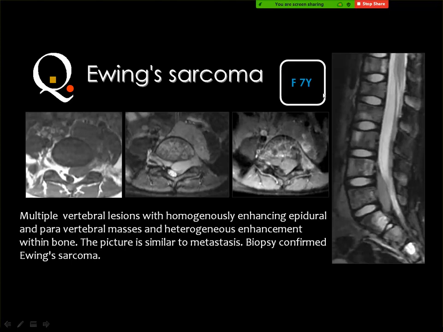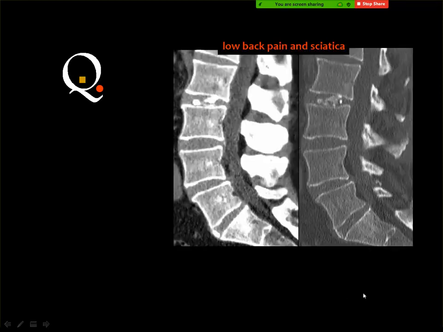Then, if you look at the age of the patient, 7 years, the possibility of metastasis is not that likely, but you know that Ewing sarcoma is one of the possibilities when you can see affection of the vertebra with extraosseous soft tissue component in the pediatric age group. Next case.